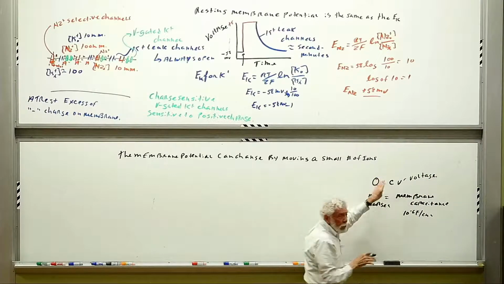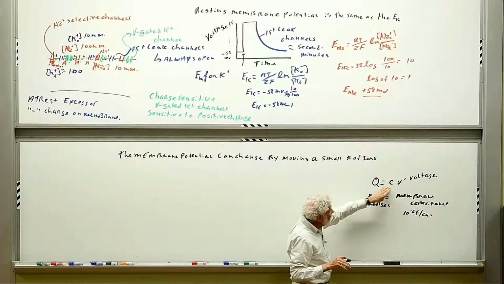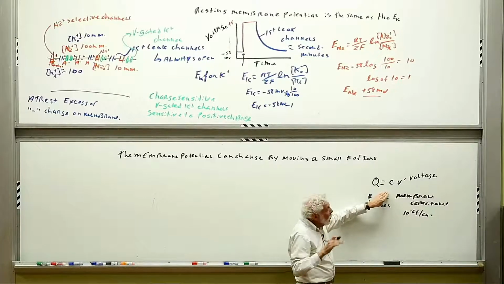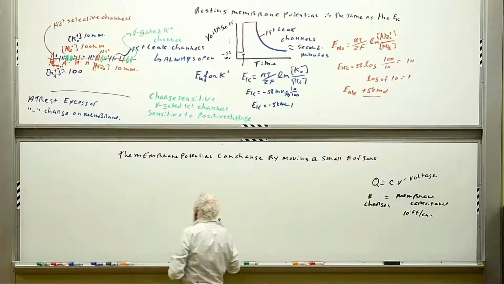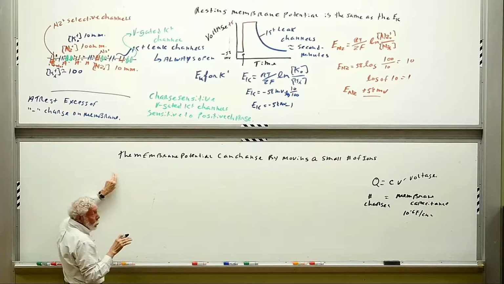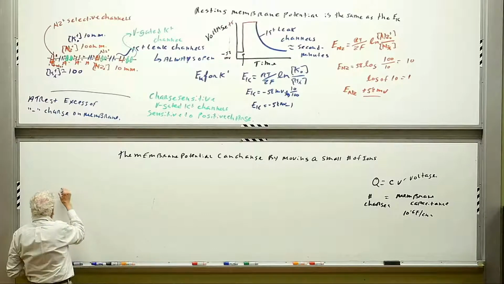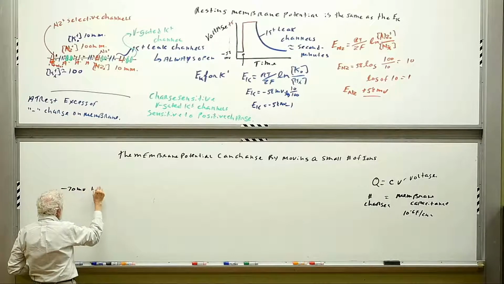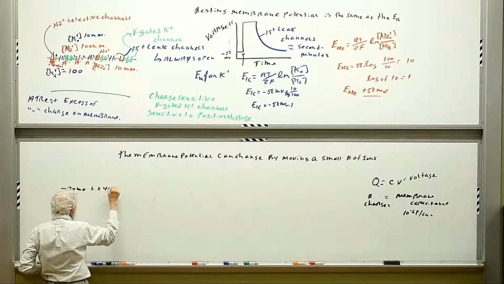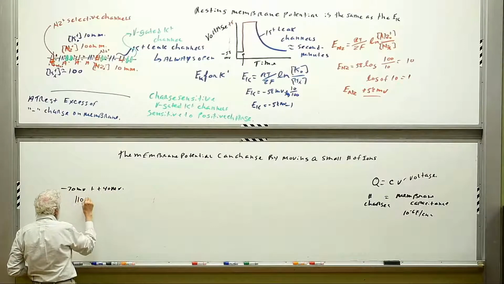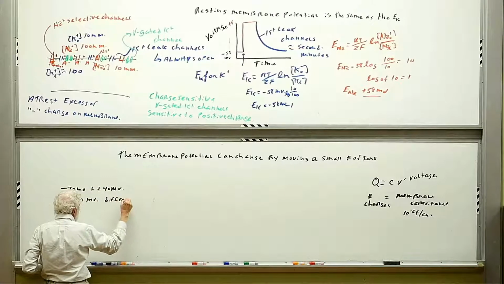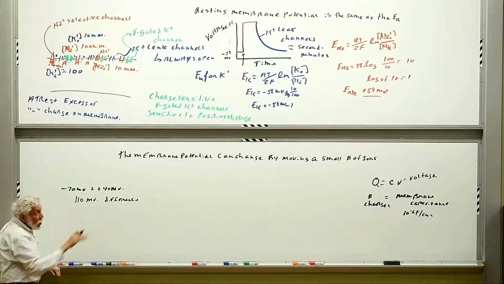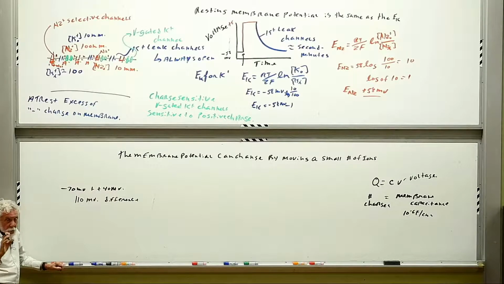And if you work your way through this and use the capacitance of the membrane and how many square micrometers you have and so on and so forth, what you'll find is typically that when we have an excursion from, say, minus 70 millivolts to plus 40 millivolts, this is 110 millivolts difference. By looking at Q is equal to CV, you can take my word for it, but you can go through the numbers.